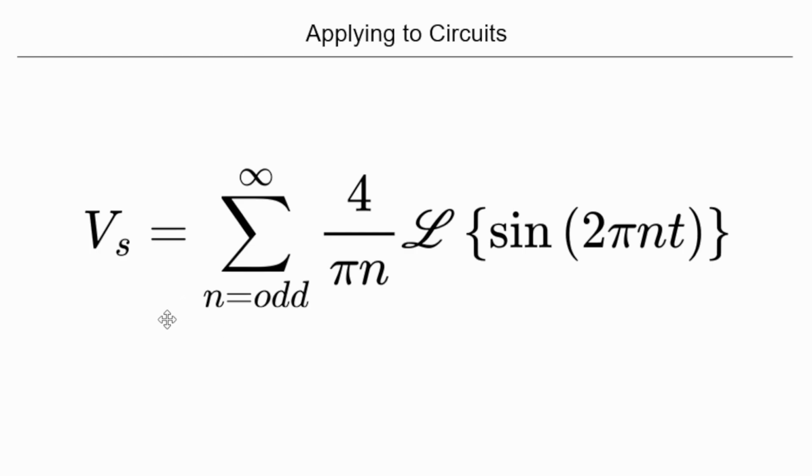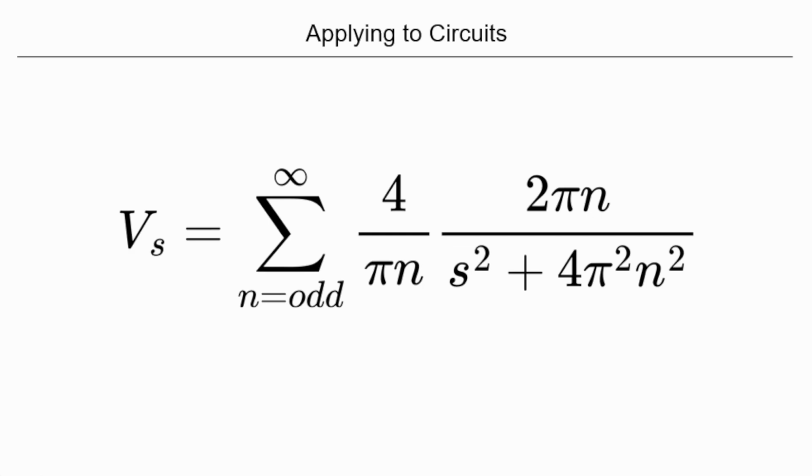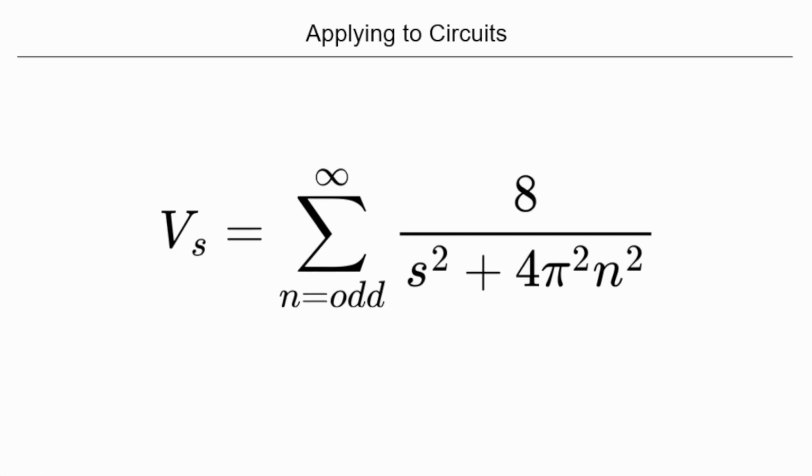So lowercase v of s was this without the Laplace transform. So when we take the Laplace transform of it, we have this. Now calculating the Laplace transform of sine, or just looking it up, and simplifying this a bit, we get this. Plugging this into our capital V, we get this.